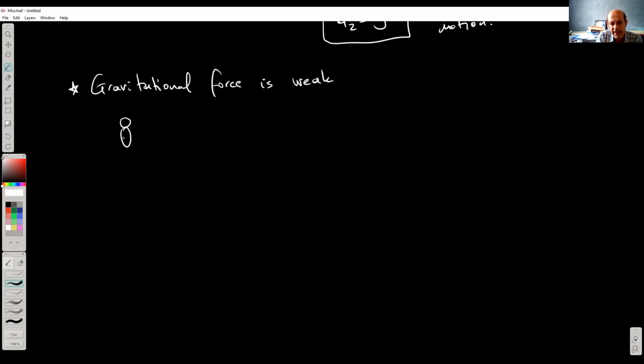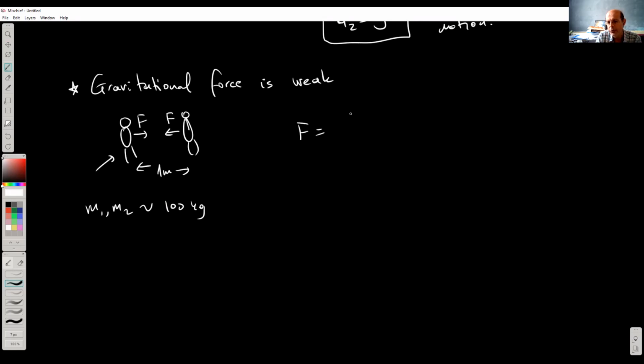Suppose there are two friends with a separation of 1 meter, and their masses M1 and M2 are about 100 kilograms each.